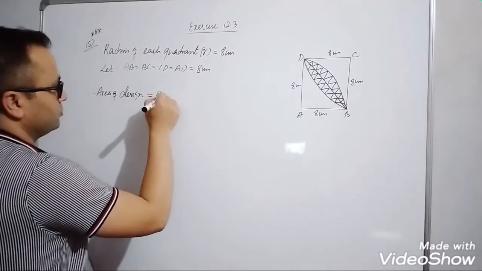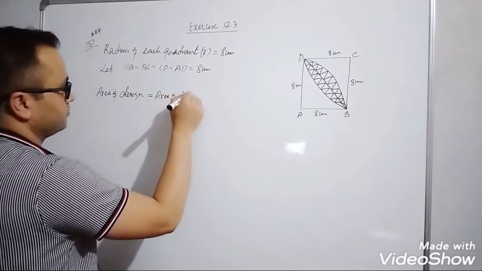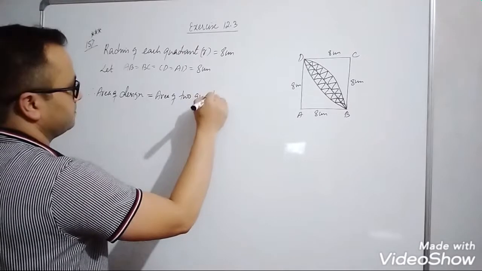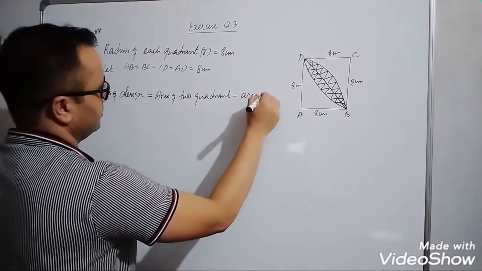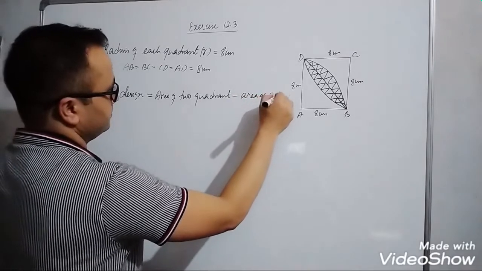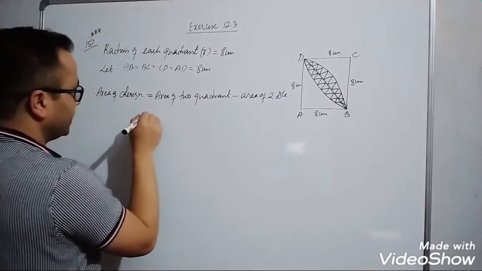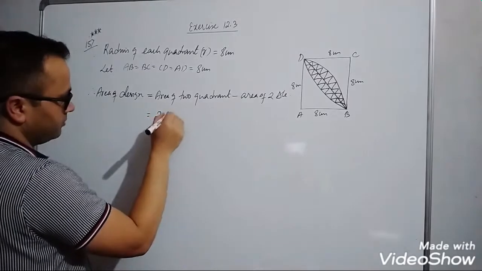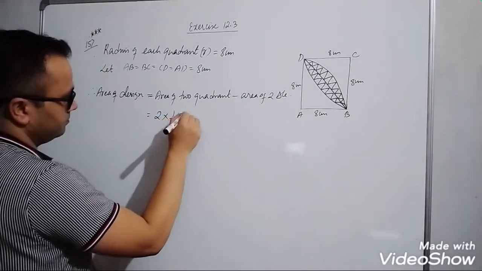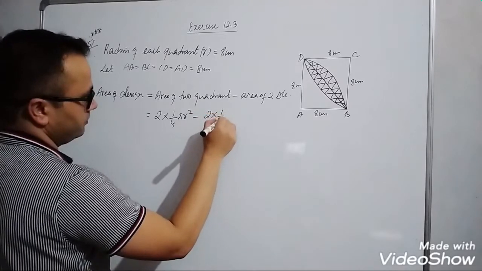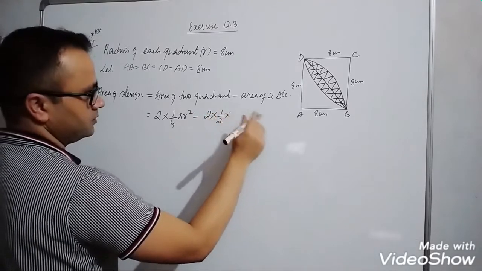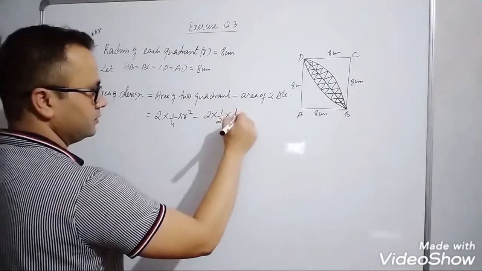So area of two quadrants minus area of two triangles. Area of two quadrants is 2 into 1 by 4 pi r square. Area of two triangles is 2 into half into base into height. We can take any base into height.